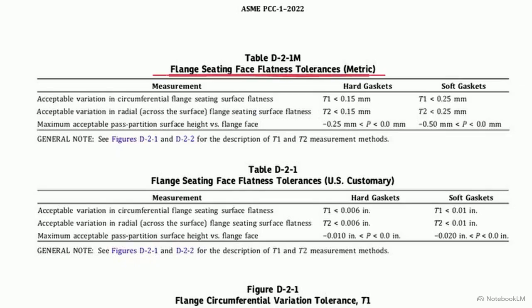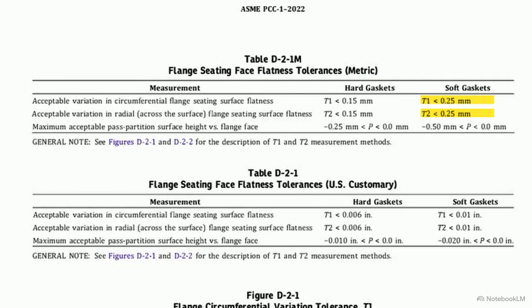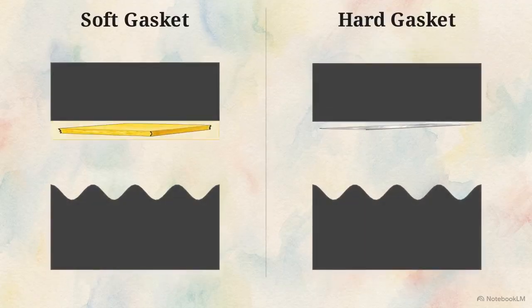Table D2-1M shows how the installed gasket material dictates the pass or fail thresholds. Soft gaskets tolerate up to 0.25 millimeters of variation in either the circumferential or radial direction. Hard gaskets restrict this acceptable variation tightly down to a maximum of just 0.15 millimeters. This creates a strict mechanical trade-off.